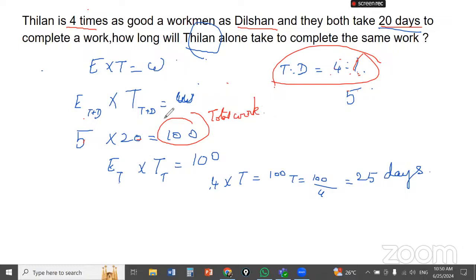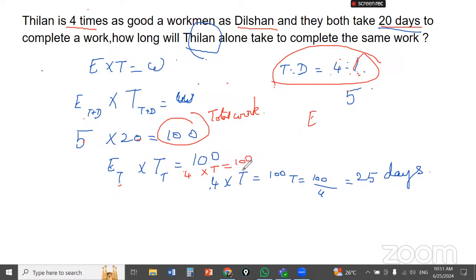Now, either it is Thilan or Dilshan, whoever it might be, when they do separately, they have to complete this 100 work only with the efficiency they have. So Thilan's efficiency is 4 and Dilshan's efficiency is 1. So using the same one, if they ask us to find for Dilshan, that also we can find here. For Thilan, it is efficiency times time. That is, efficiency is 4 for him, 4 times time taken we have to find, that is 100.